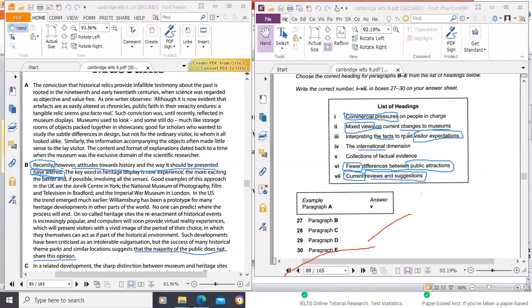Then interpreting the fact, this is not it. The internet, no, nothing like that. They've done this for us. I don't need this at all. Then fewer differences between, no, current reviews and suggestions. I would say that with what we have explained, you are left with probably this or this.